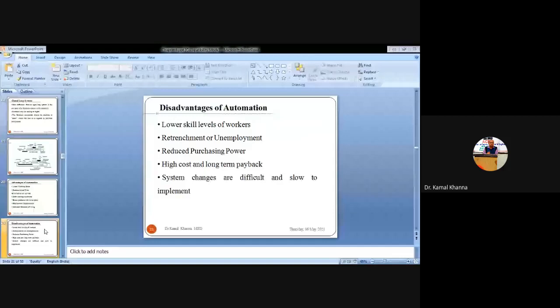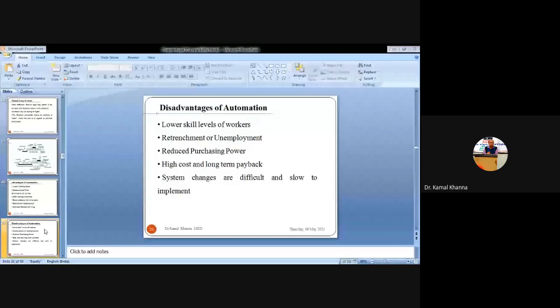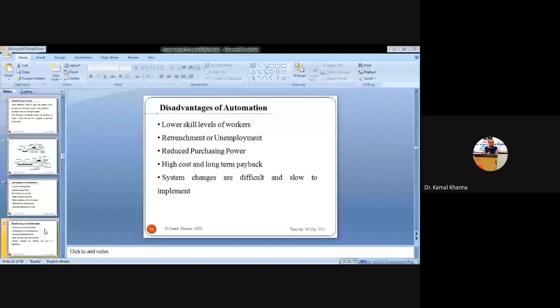Similarly, if the industry is implementing CNC machines, implementing automation, the old workers who are not skilled enough always resist. They always find it difficult to understand what is happening in the industry and how the operations are being performed.